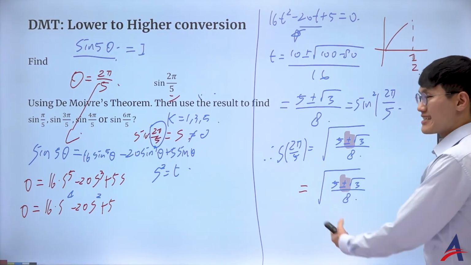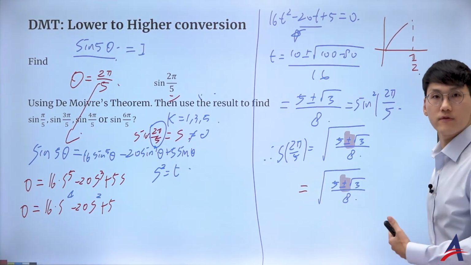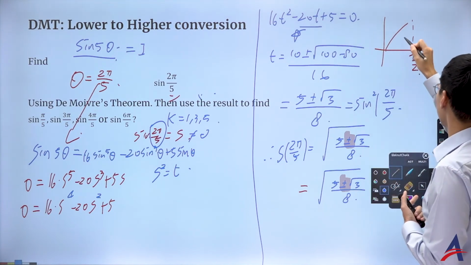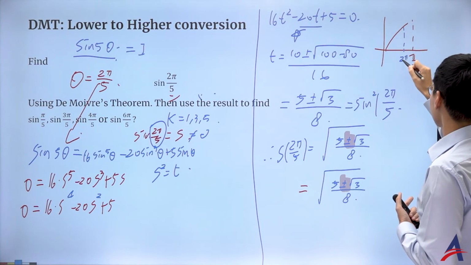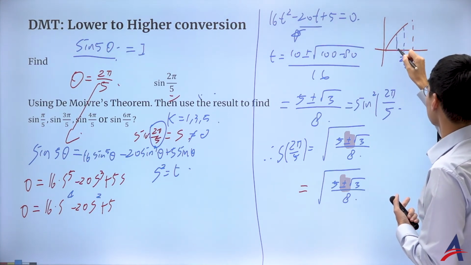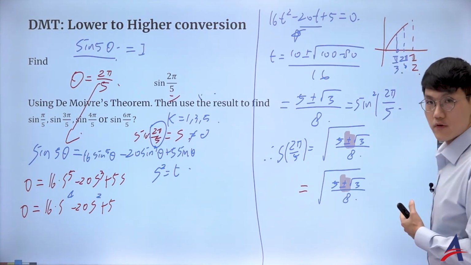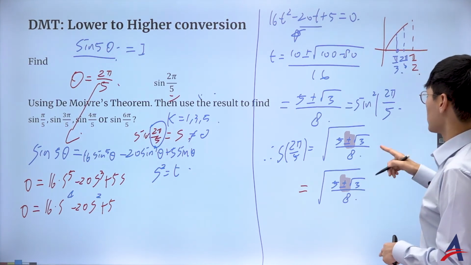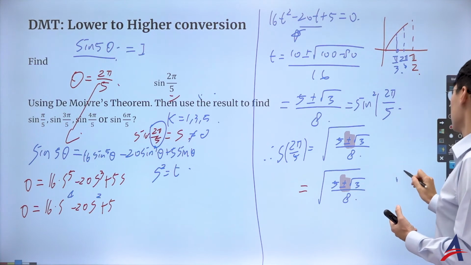This is 72 degrees, and the special angle that is very close to this is 60 degrees, which I can compare with. If I let this be 2 pi over 5, the one that is slightly less is pi over 3. We know that from the increasing property of the function from 0 to pi over 2. And you know sine pi over 3 is root 3 over 2.